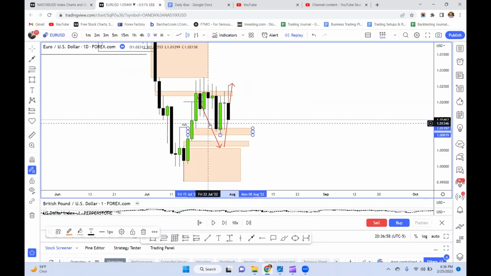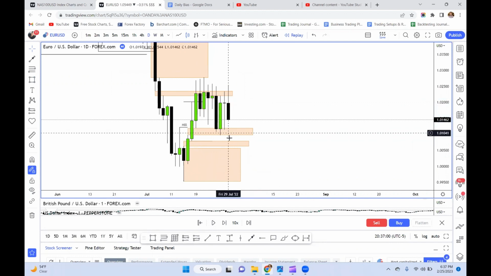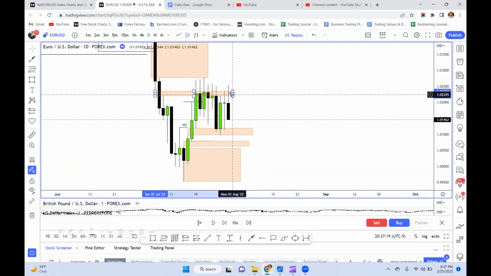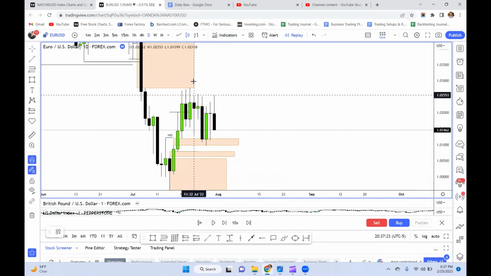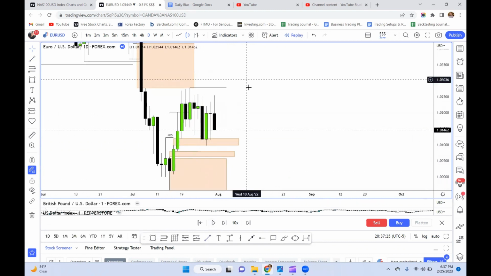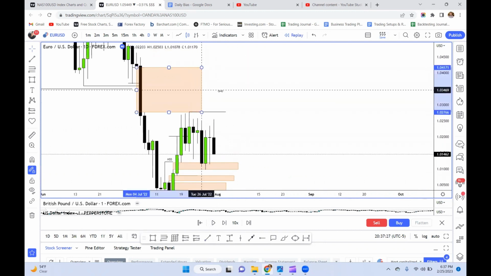So once it was formed, let me delete these. Price traded back into it. We could have looked on the smaller time frame. If you know how to do multi-time frame, you could have looked for a buying opportunity on the smaller time frame, 1 hour, 15 minute, and you could have bought here to target, sorry, that was my drawing, ultimately this new liquidity, also this fair value gap here.